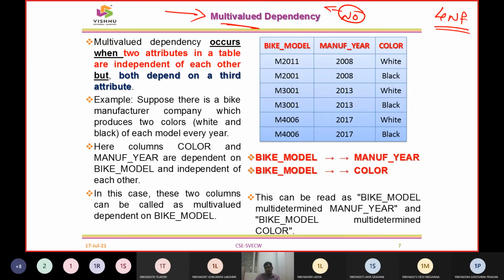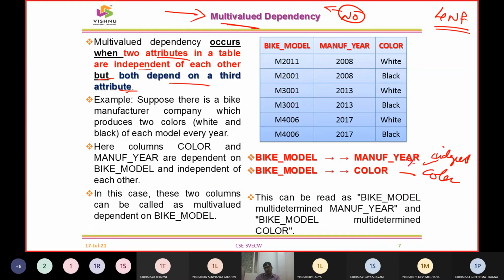So we have this multi-valued dependency, which is going to occur when two attributes in a table are independent of each other, but both dependent on a third attribute. Manufacturing year is independent.